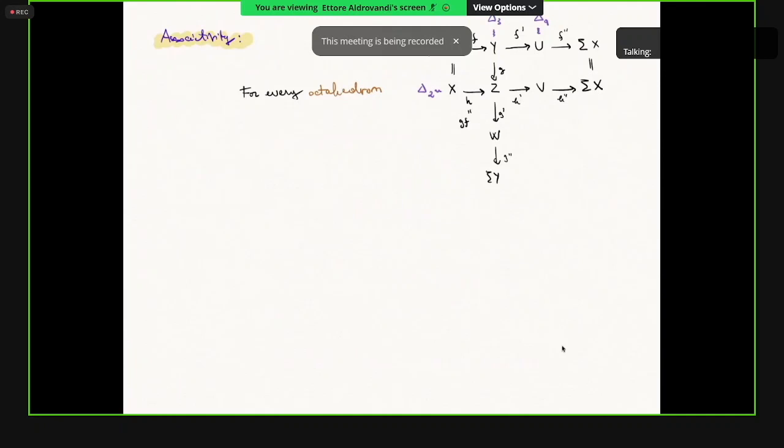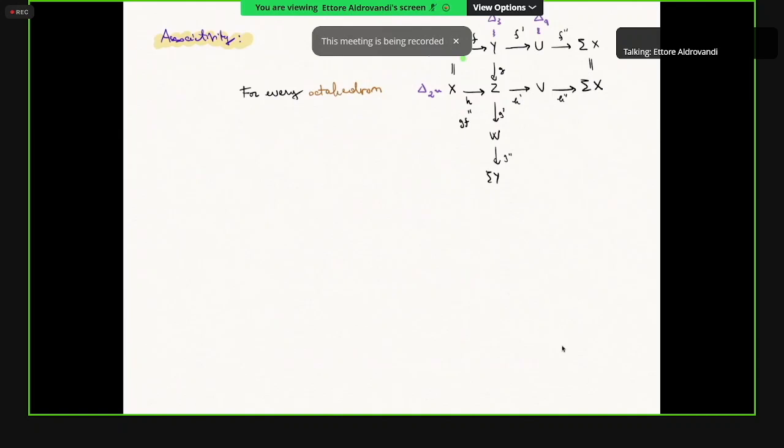So here is the famous or infamous octahedron axiom. Basically, here you have two composable morphisms. So that's H here. For clarity, I prefer not to draw the octahedron as an actual octahedron, because otherwise you don't understand anything.